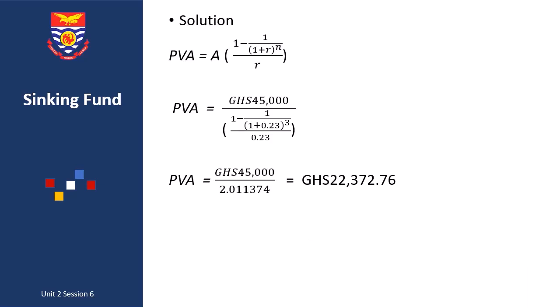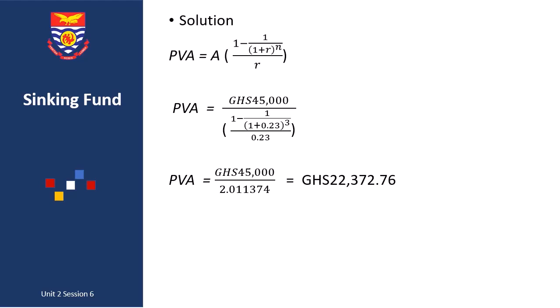So we want to find the amount that he can set aside now that will make him get the amount that he wants at the end of the 3 years, if the interest rate is 23%. So you have to find the present value of the future amount that will be needed at the 3rd year.